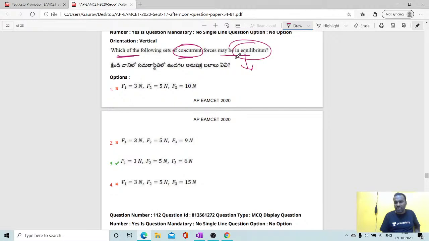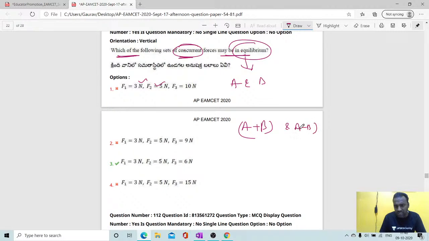When you consider two forces A and B, the resultant is always between A plus B and A minus B. If I say 3 and 5, then 3 plus 5 is 8 and 5 minus 3 is 2. But the third force given is 10 newtons, so this option is not correct.